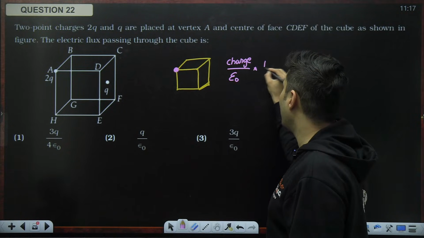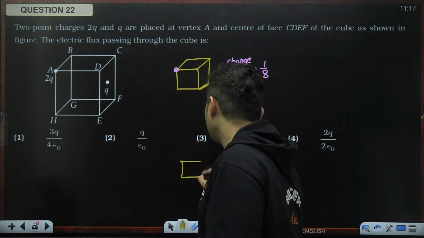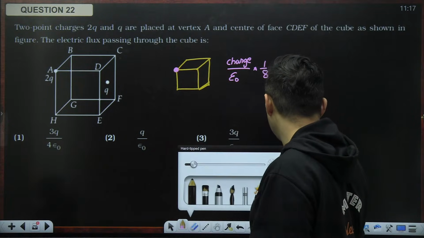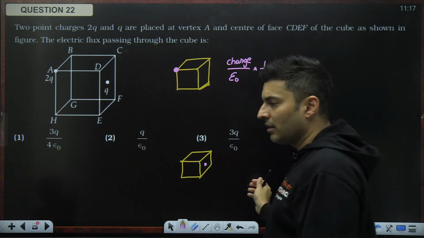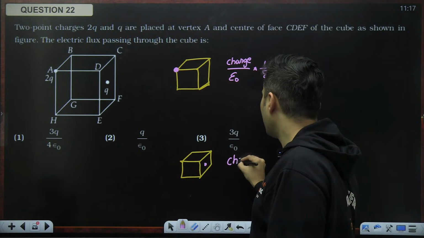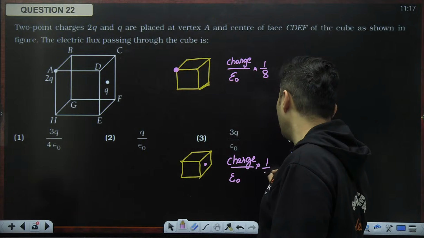So it will be 1 by 8th of that. Similarly, if the charge is placed on the face of a cube, half the flux will go here. Imagine another cube on this side, half the flux will go there. So the flux will be charge divided by epsilon naught into half.